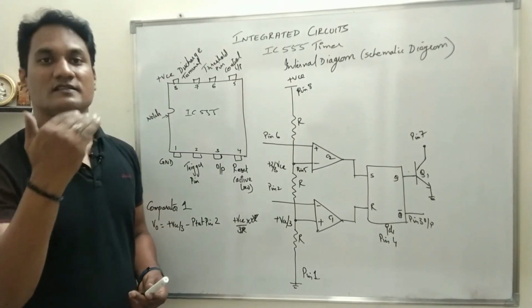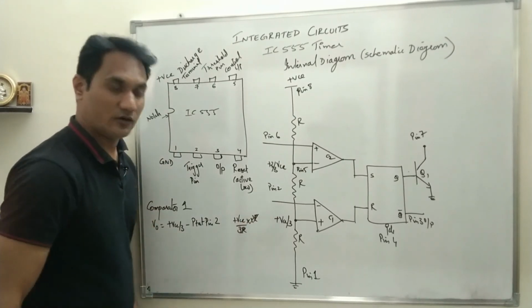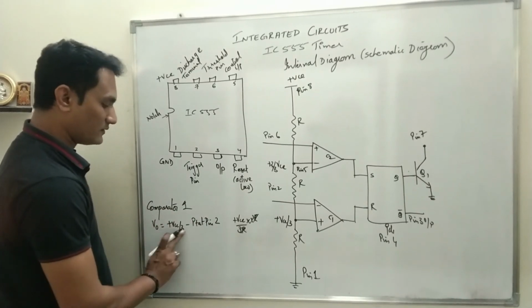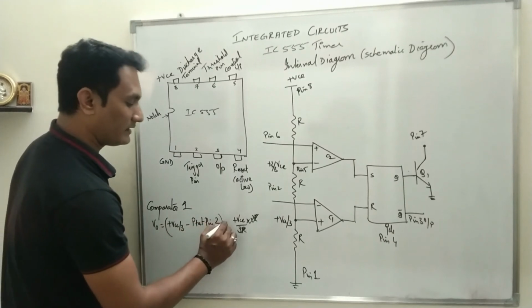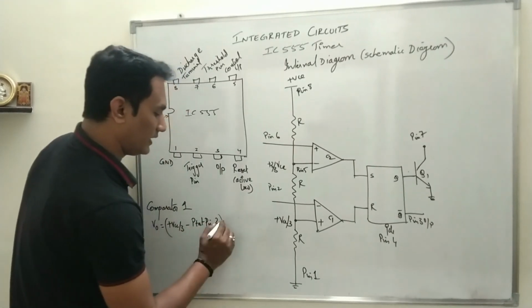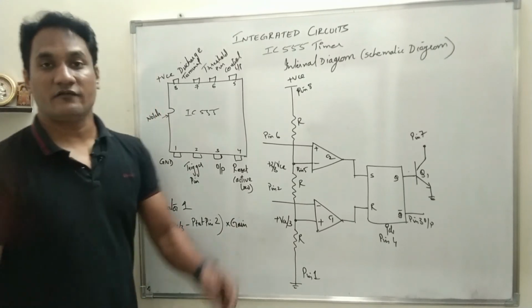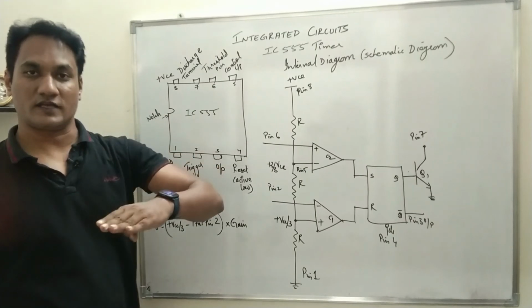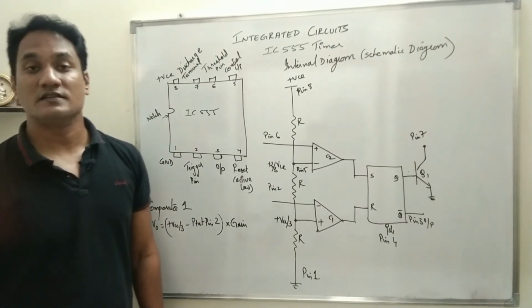So the output will be either 0 or 1 depending upon the difference of the two input voltages. So the comparator output V0 will be plus VCC by 3 minus the potential at pin 2, multiplied by the gain, which is infinite. When the gain is infinite, the output will be either positive saturation or negative saturation. Positive saturation means 1, negative saturation means 0.